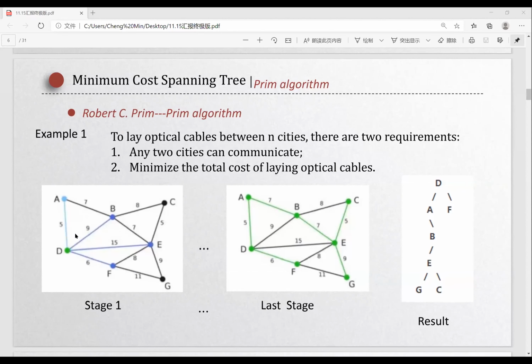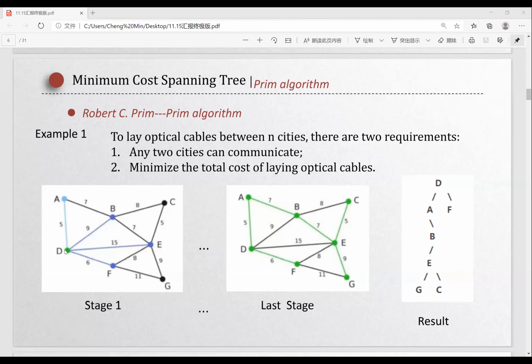Let's take a look at the first example. To insert optical cables between 7 cities, it is required that any 2 cities can communicate, and the cost of inserting optical cables between cities is different. So the total cost of inserting optical cables should be minimized.